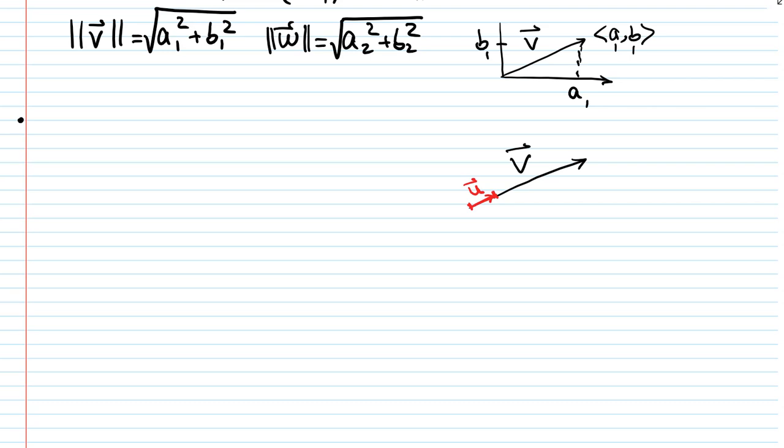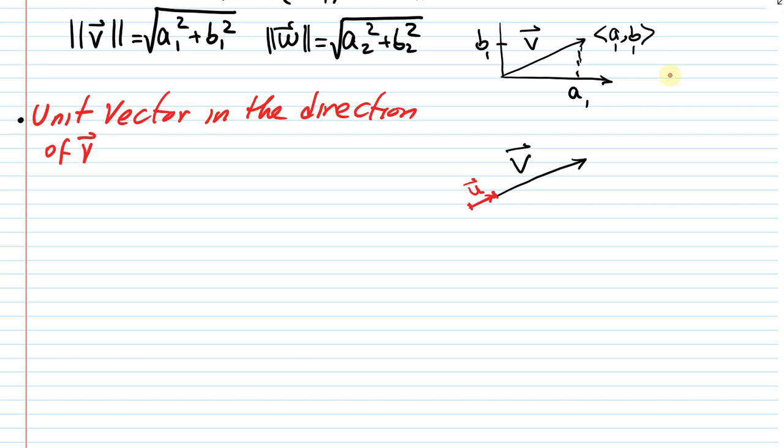Maybe vector v is magnitude 5, so I can write it in terms of 5 unit vectors. So let me write this. What we would like to do is find a unit vector in the direction of vector v. Let's call v the first vector, and this is the unit vector, the second vector in the direction of v.